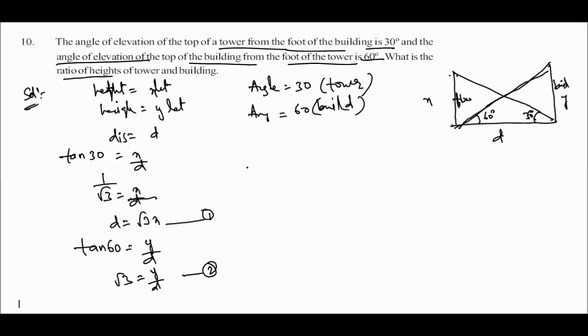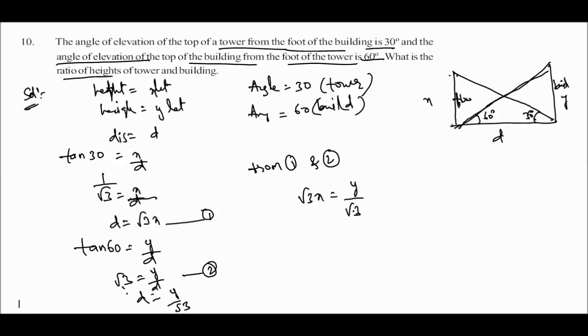This is the second. From 1 and 2, d is equal to y by root 3. So root 3 x is equal to y by root 3.